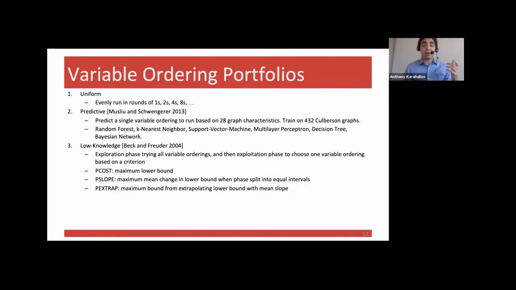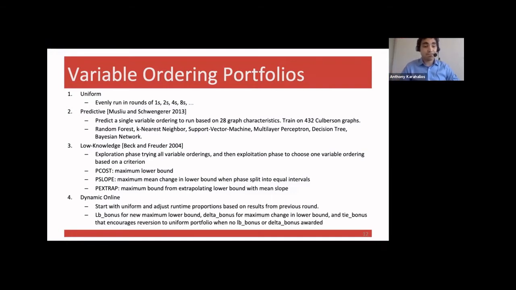And then the last criterion is p-extrap, which is the lower bound at the end of the exploration phase, extrapolated by the p-slope value to the end of the hour runtime, choosing the variable ordering that has the highest lower bound in that extrapolated method.